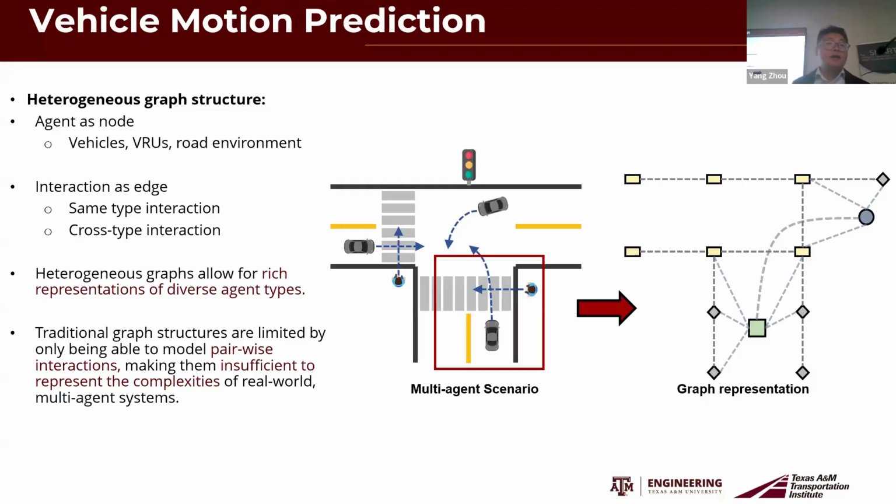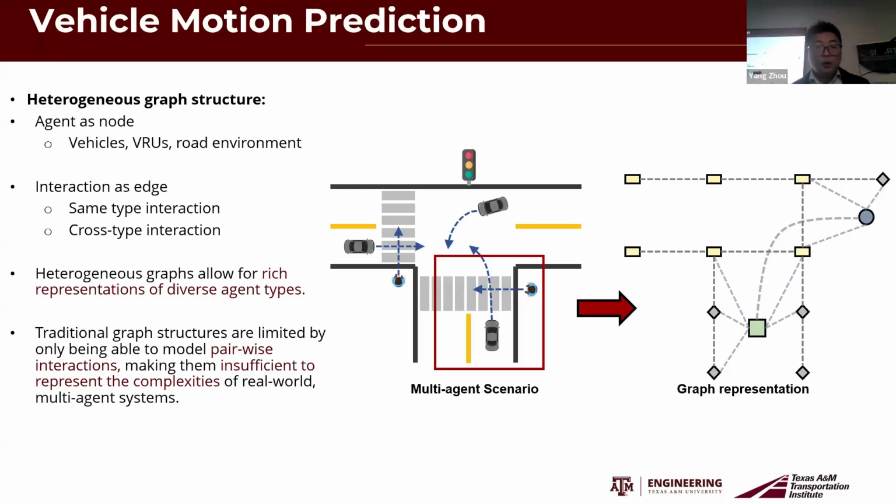For example, there could be same-type interactions, essentially vehicle-to-vehicle interaction, or cross-type interactions, for example, vehicle-to-road interactions, which requires us to have a heterogeneous approach. And specifically, we know that the traditional graph approach is to model the pairwise interaction.